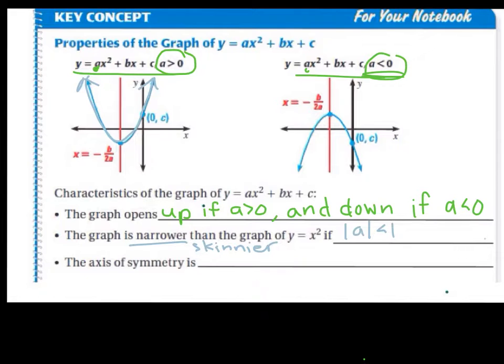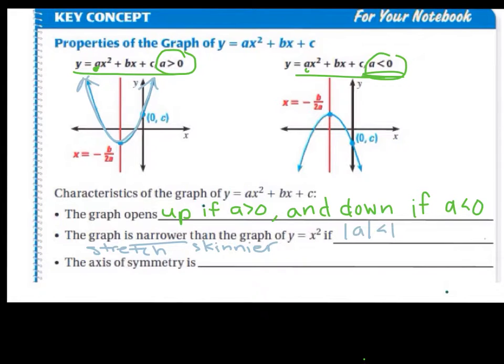Because what's going to happen there is it's going to stretch it. Sort of like a rubber band. If you have a rubber band that's just relaxed, when you try to stretch it out, it gets skinnier. The same amount of rubber band is still there, but it gets thinner because it's stretching a further distance.